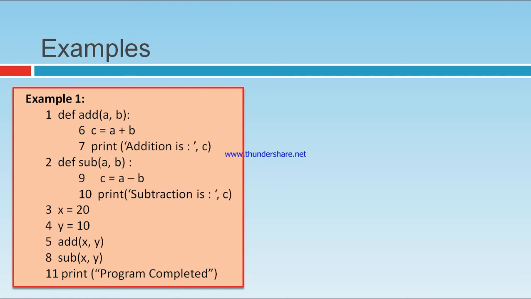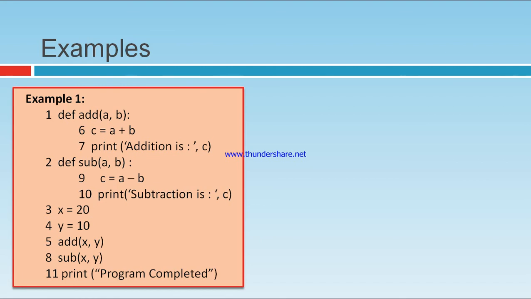Now come to line number 5. Line 5 is a function call. How do we judge that it is a function call? Just check add, and here at the top level, add is there as a function. So add x comma y, x comma y, it is a calling statement. Line number 5 is a calling statement of this add function.